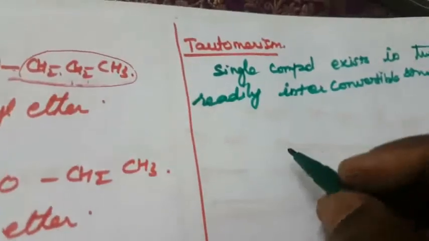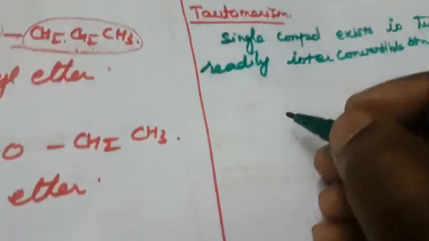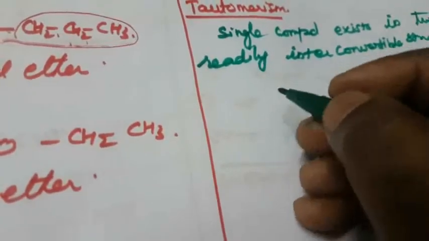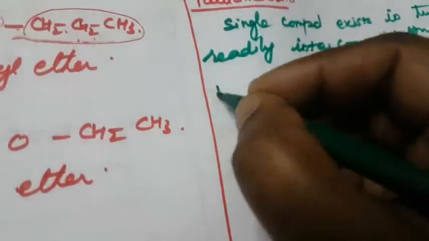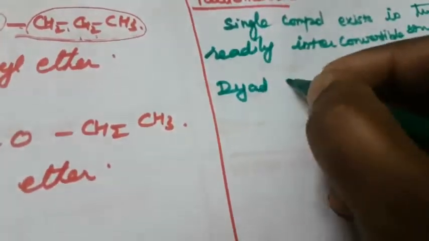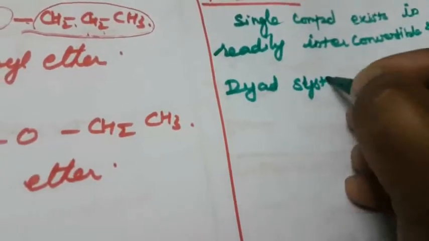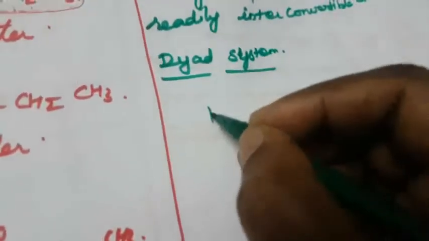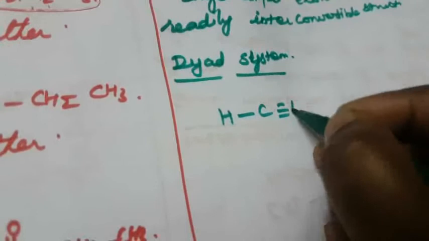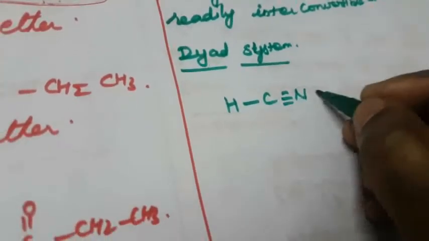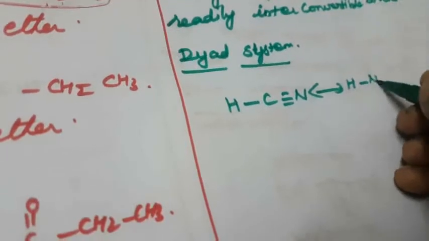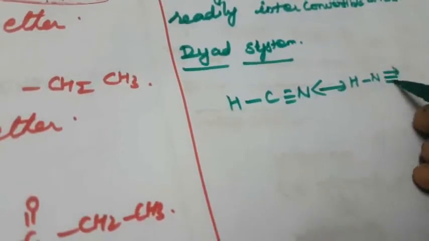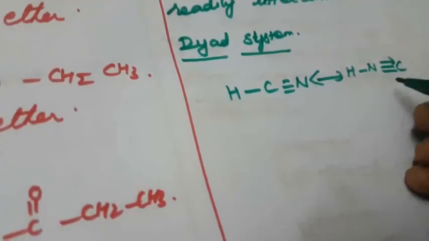There are several types of tautomerism. Here we are going to learn the dyad and the triad systems. So what is meant by dyad system? That is hydrogen C triple bond N, hydrogen cyanide, which is interconvertible with hydrogen nitrogen carbon, hydrogen isocyanate.